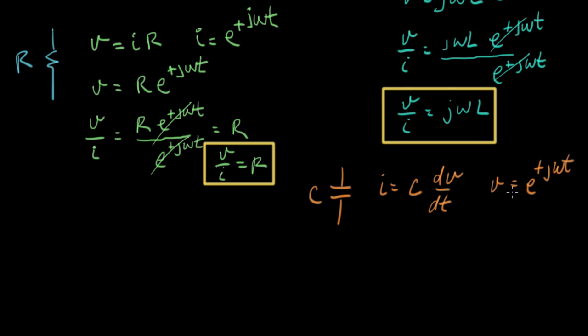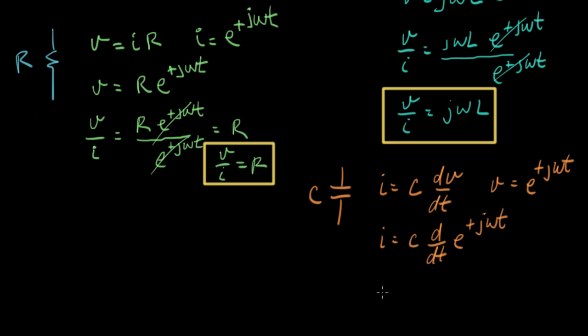So this time we're going to force a voltage across our capacitor that is this complex exponential. And that gives us, let's plug that in here, I equals C times d/dt of e to the plus j omega t.